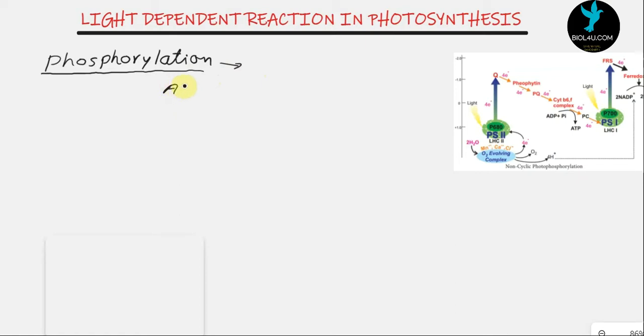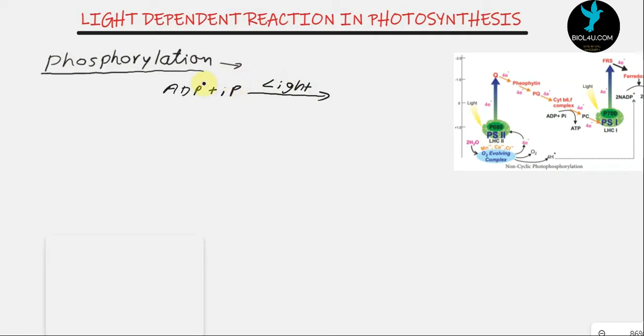This ATP is formed from the ADP molecule in the presence of inorganic phosphate, and for that an energy source is required. If this energy source is light, then it is known as photophosphorylation. And if this energy source is the oxidation of some organic molecule, then that is known as oxidative phosphorylation. But here we are going to explain photophosphorylation.